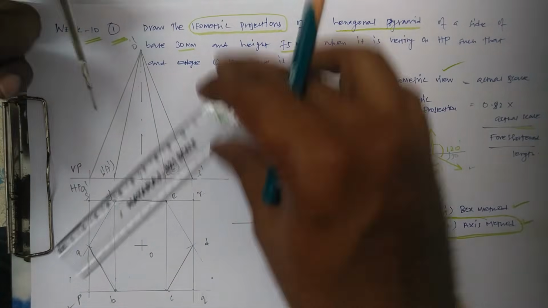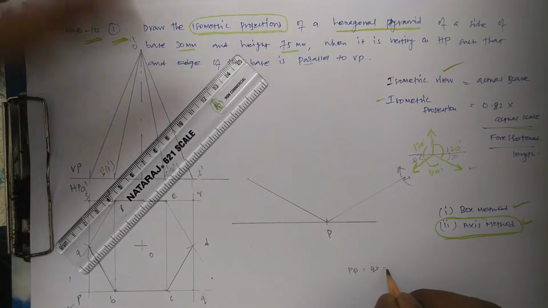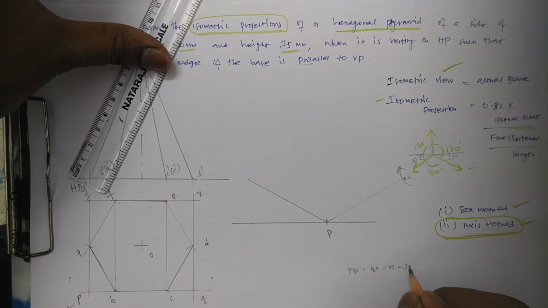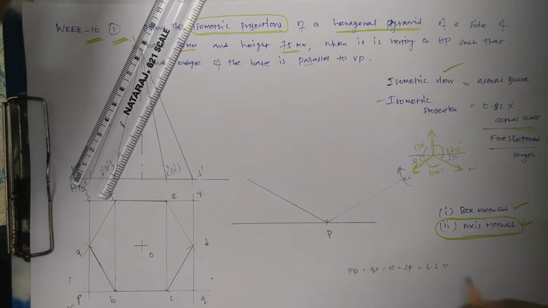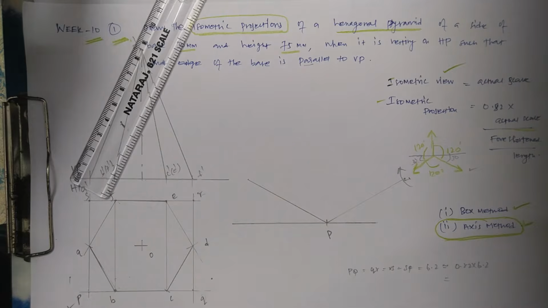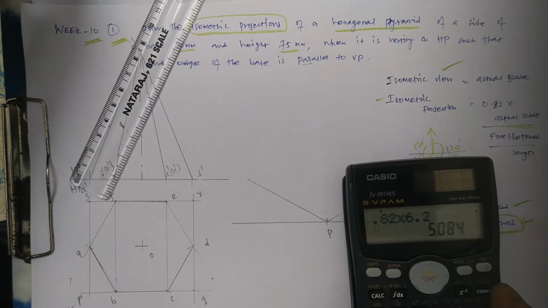So let me write here PQ is equal to QR, is equal to RS, is equal to SP, is equal to 6.2, obviously. 0.82 into 6.2, it's an isometric length. 6.1 came, it's almost 6.2, so it is 5.084.